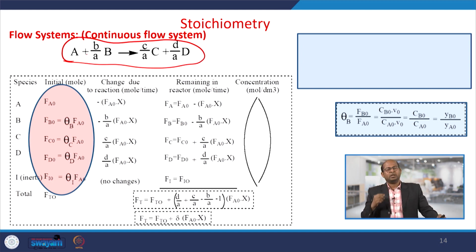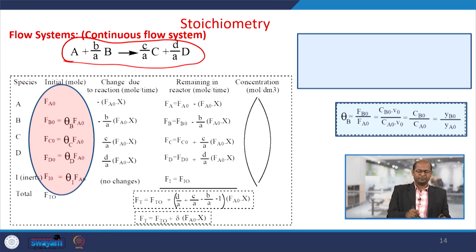If we have a flow system, similarly we can express the individual component concentrations in terms of conversions, put them inside the rate equations, and finally get the rate as a function of conversion of that particular component.